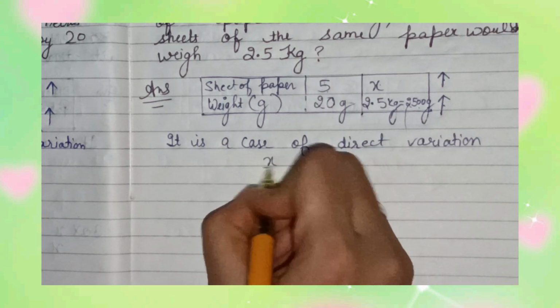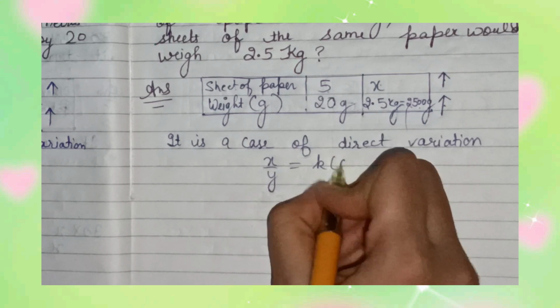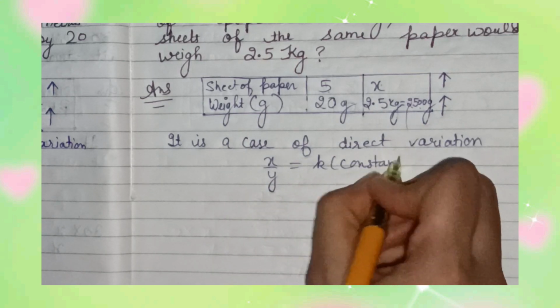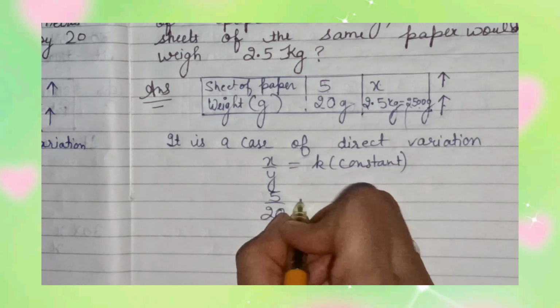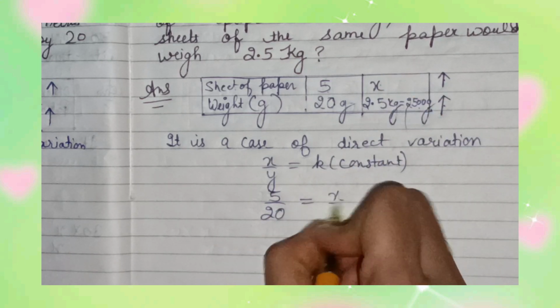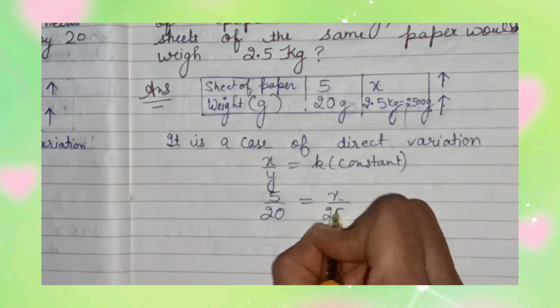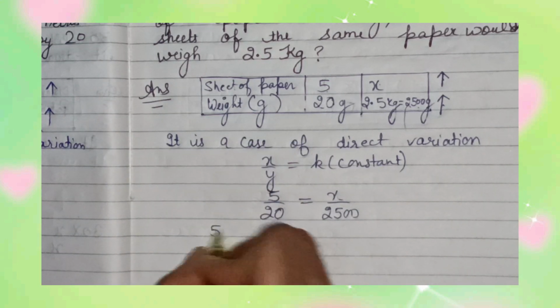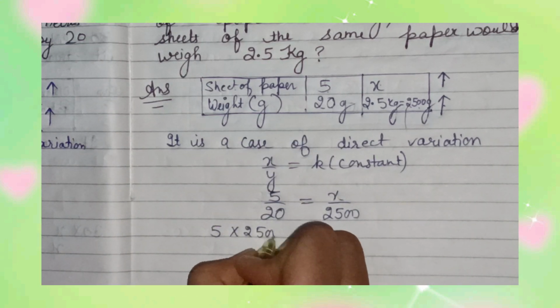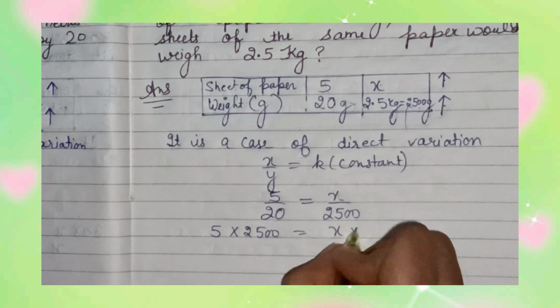In direct variation, x upon y is equal to k, a constant. Now I write 5 upon 20 is equal to x upon 2500. By cross multiplying, 5 multiplied by 2500 is equal to x multiplied by 20.